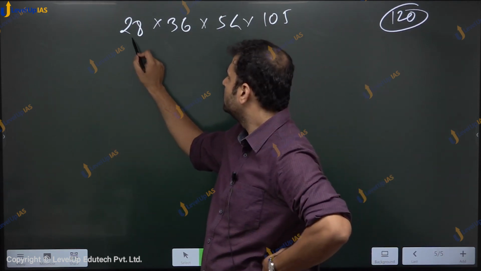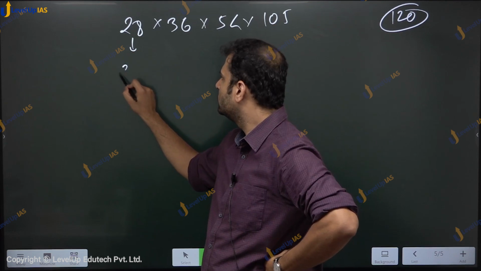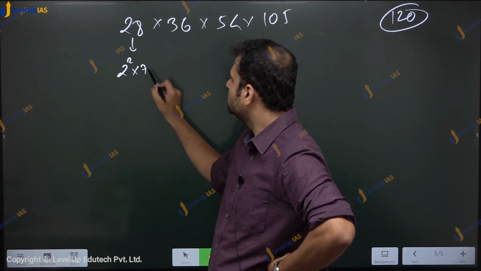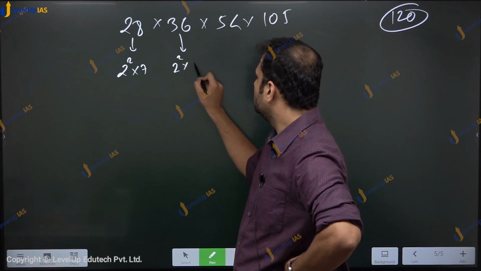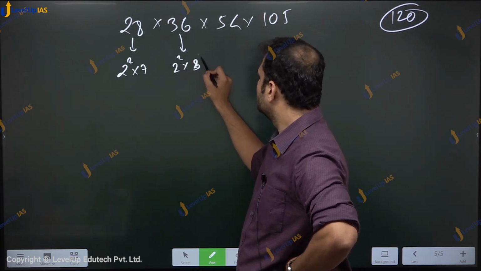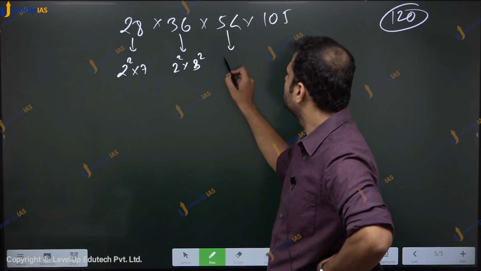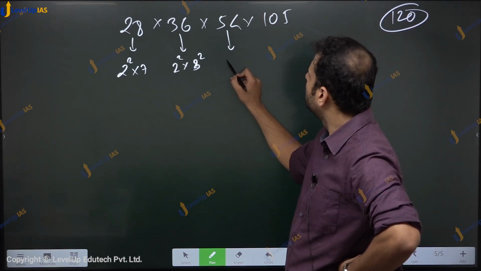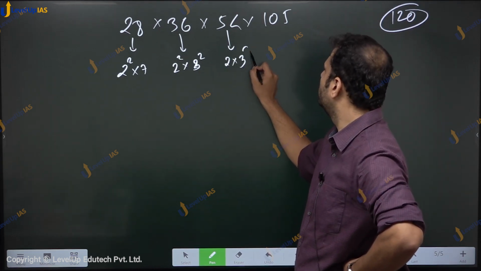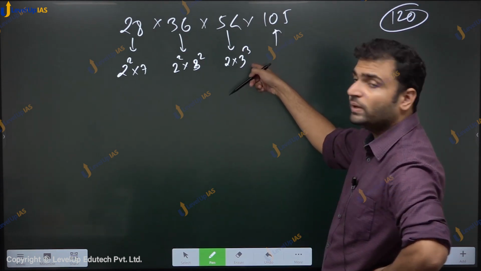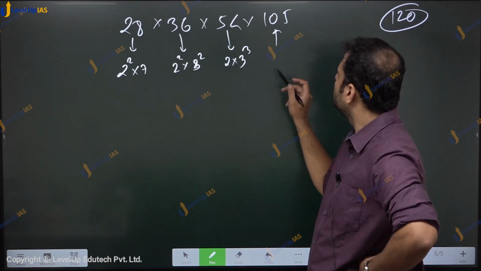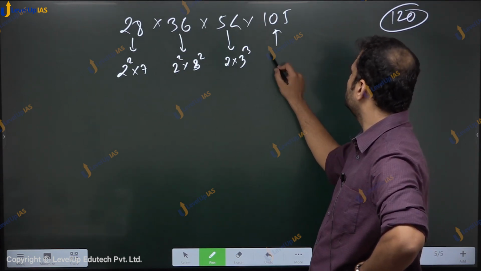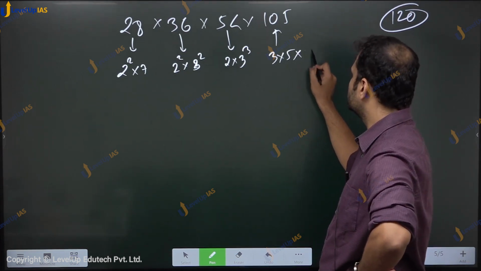28 is 4 into 7, 36 is 4 into 9, 54 is 2 into 3 cube (27 into 2), and 35 is 5 into 7.